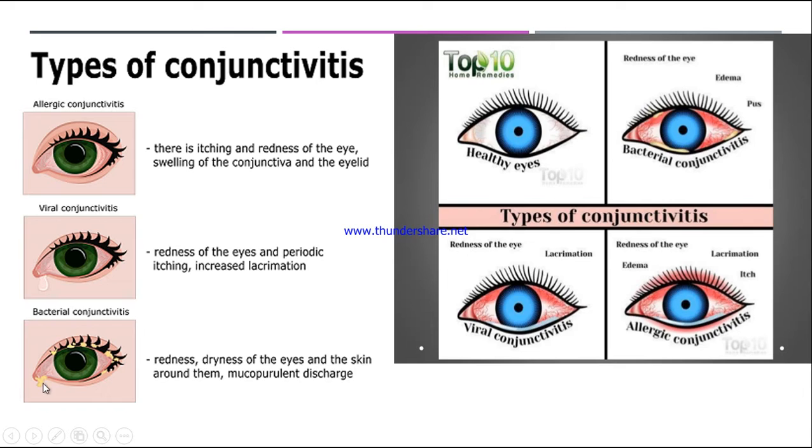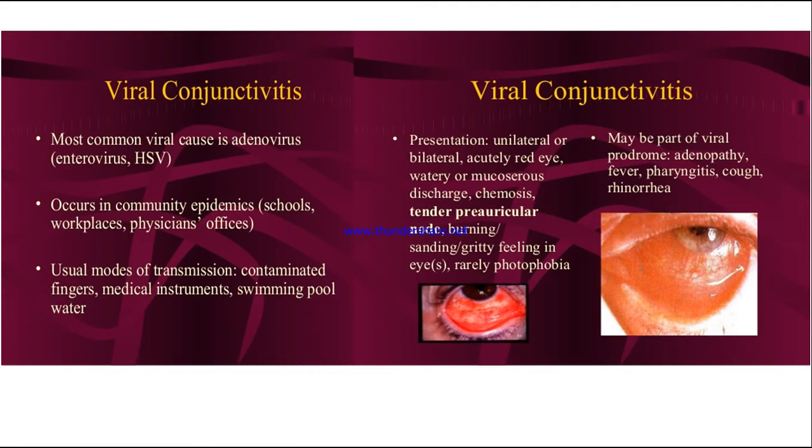As you can see here, these are the yellow discharges, which is mucopurulent discharge. There will also be dryness of the eyes and redness. These are some of the types of conjunctivitis.